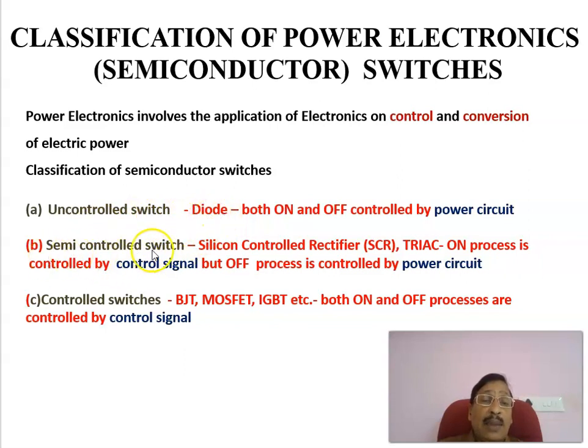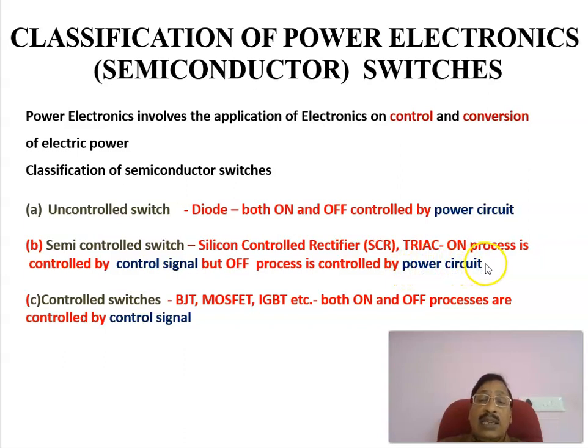Second is the semi-controlled switch. Semi-controlled switches are the silicon controlled rectifier, SCR, and the triac. These are examples of semi-controlled switches. For switching on the device, the on process is controlled by the control signal, but the switching off is not controlled by the control signal; rather, it is controlled by the power circuit.